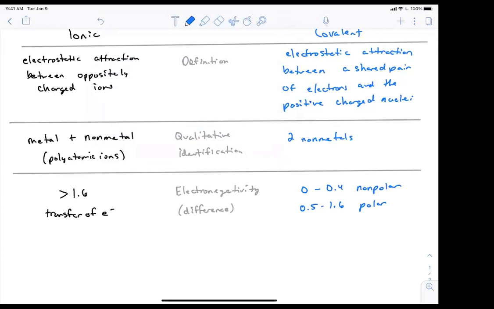And so that tells you what kind of polarity the bond is going to have as well. Now, what you have to understand is this is a spectrum. It's not a hard stop at 1.6. It transitions from 0 all the way past 1.6 to become more and more ionic as you go through. So a 1.5 is technically classified as polar, but it's on the verge of ionic.